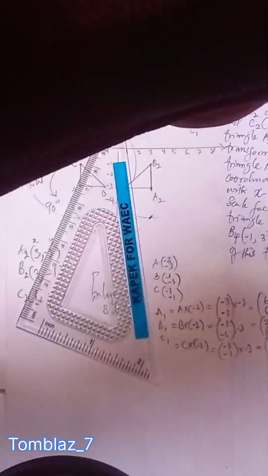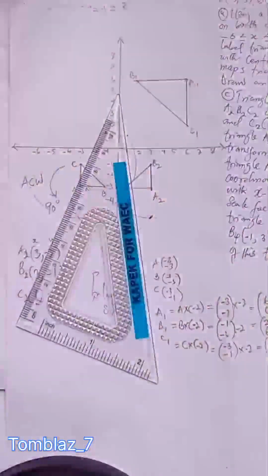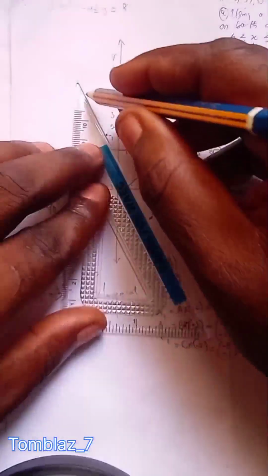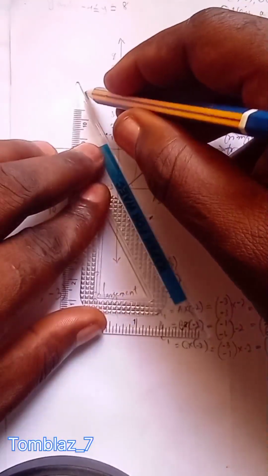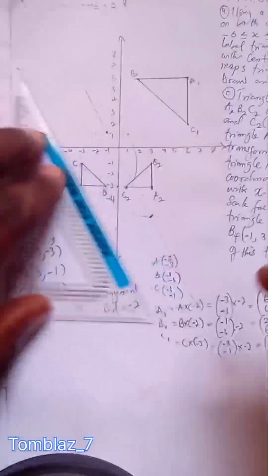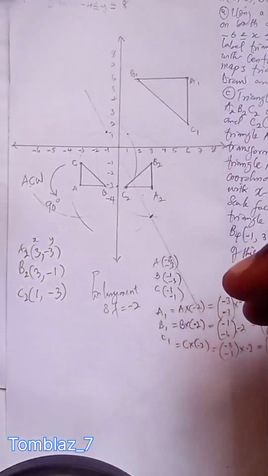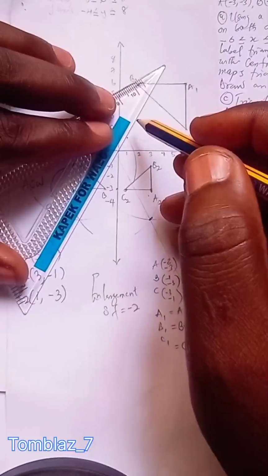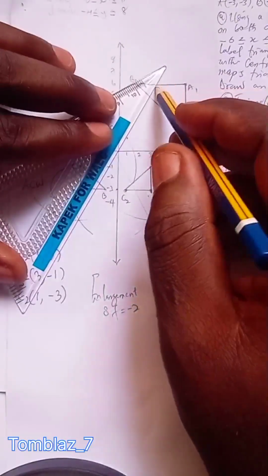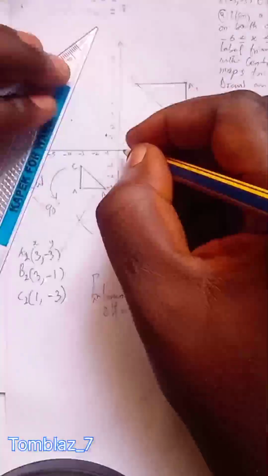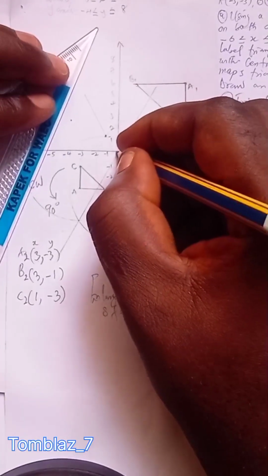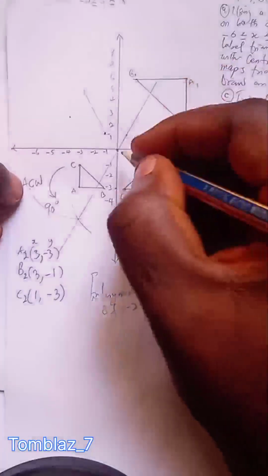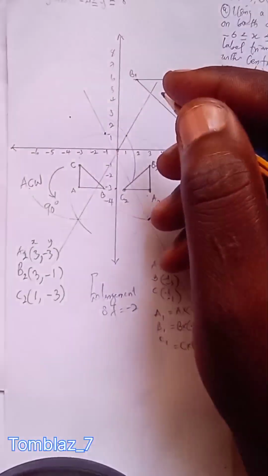All right, so let's see our center of rotation. This will cross over this way, our point of rotation. You see, because we are using a sheet of paper, they miss each other at this point. But they are closer to the center, so the center is going to be 0, 0.